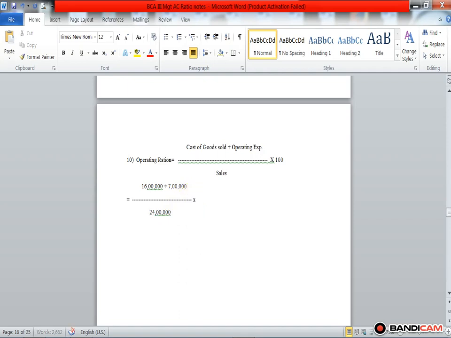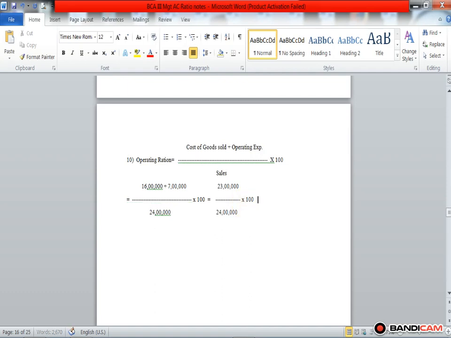So multiplied by 100, that is 23 lakh divided by 24 lakh, into 100.